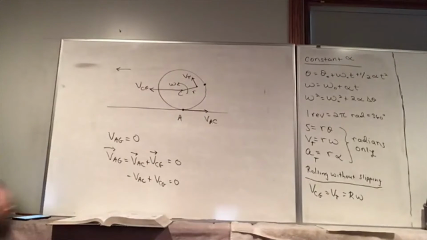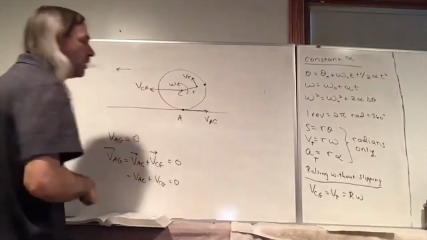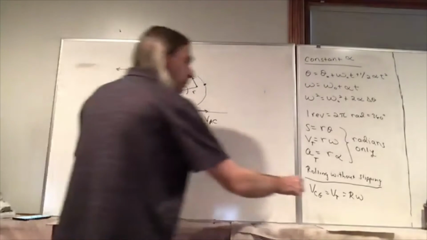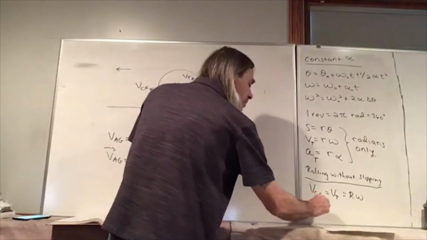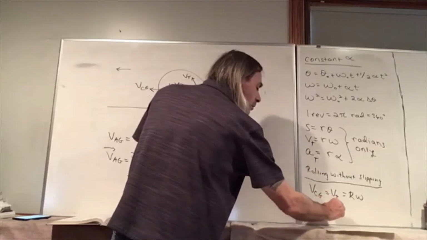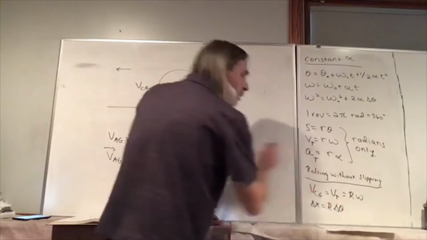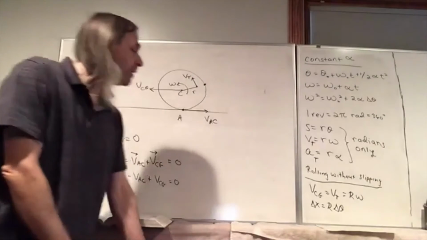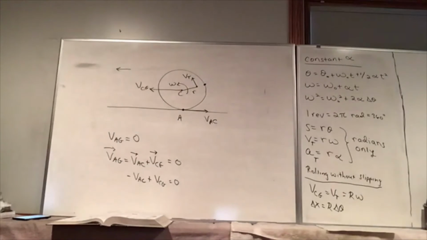And similarly, the distance that the wheel travels, the displacement, is just r delta theta. Rolling objects are very important, so we have these conditions for rolling without slipping.